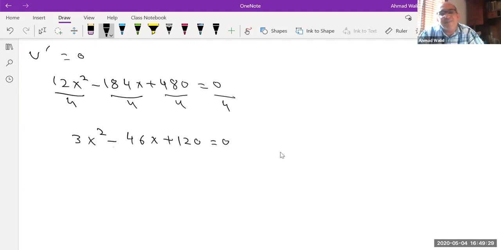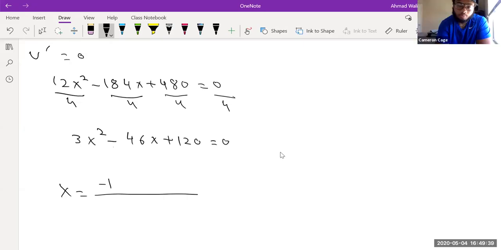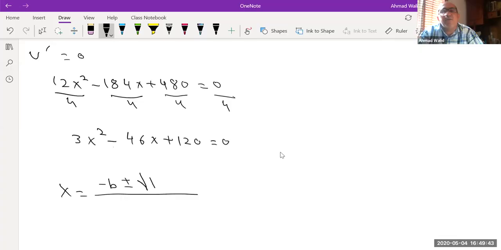Let's use the quadratic formula. Quadratic formula, please. x equals negative b plus or minus the square root of b squared minus 4ac, over what? 2a. I don't know the spelling of my name, but I know this formula, every piece of it, right?